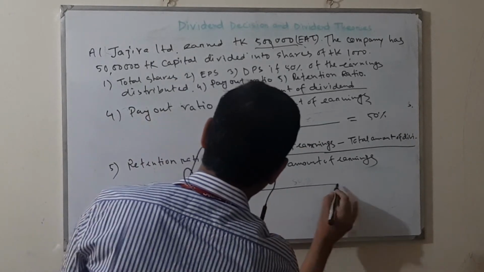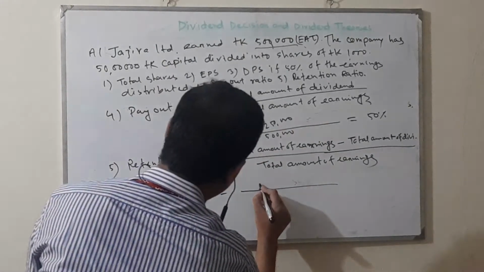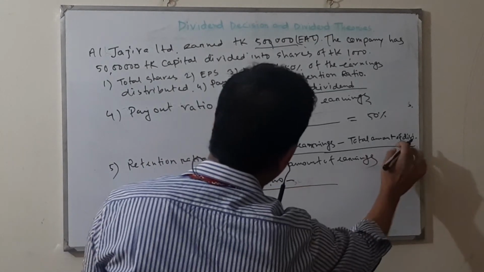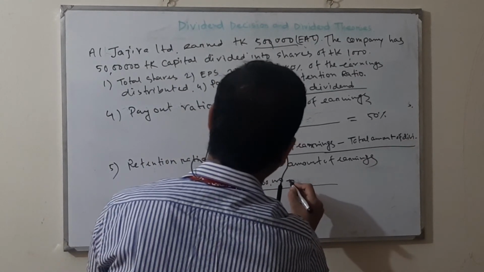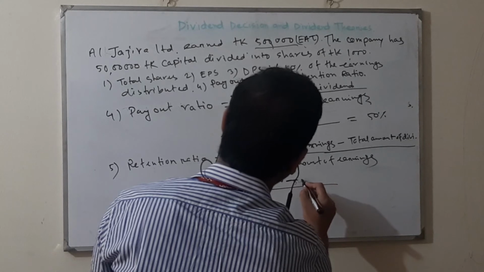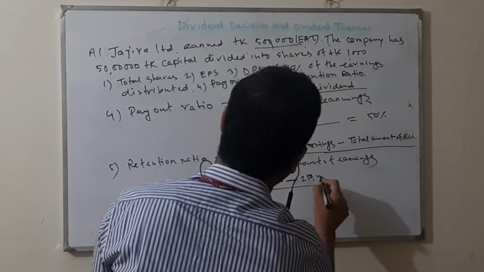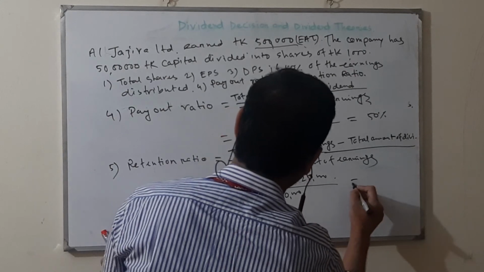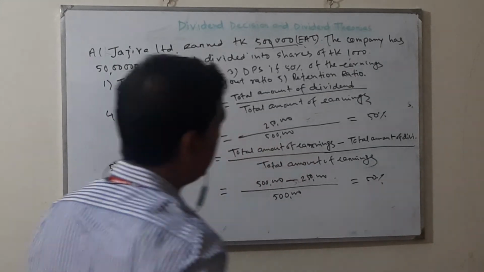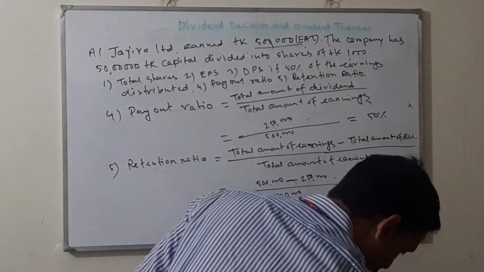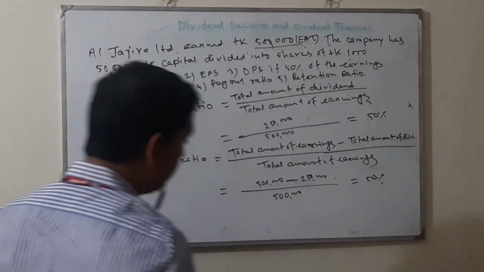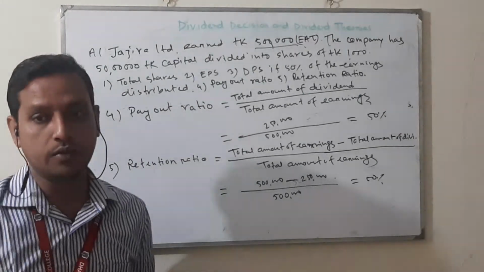So total earnings is 5 lakh minus total dividend 2,50,000 taka, divided by 5 lakh taka. It is 50%, okay.